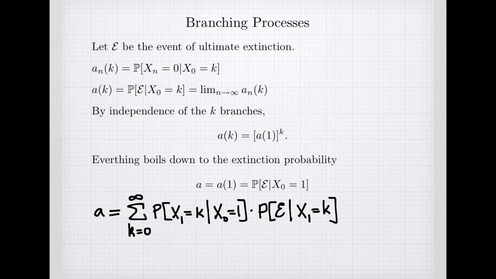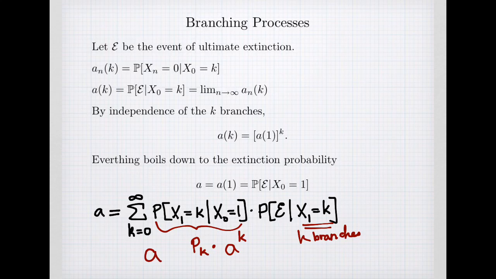And since I only have one initial individual, the probability that x1 equals k, x1 is the y random variable, and so this is p sub k. And the probability of extinction, now I have k branches, I get to multiply this by, because of our power of independent branches, a raised to the k power.